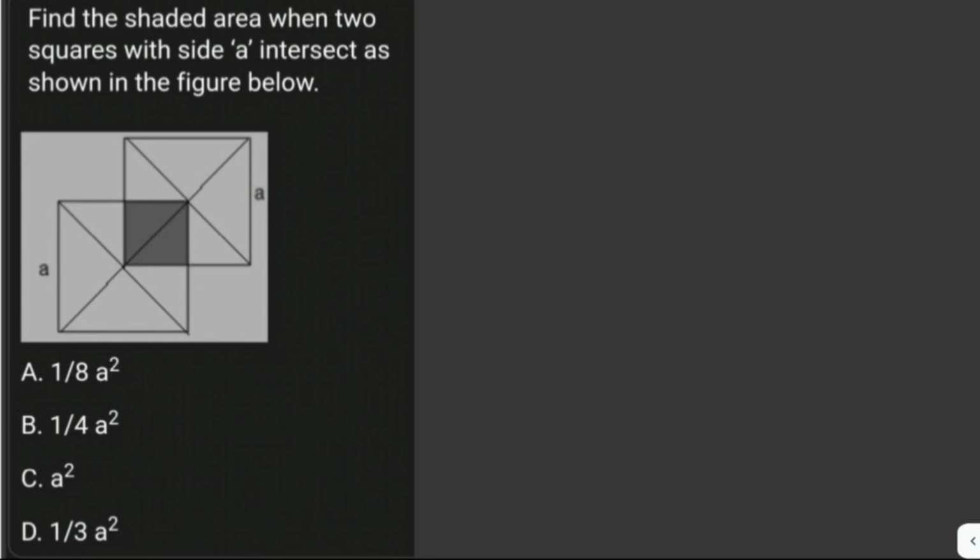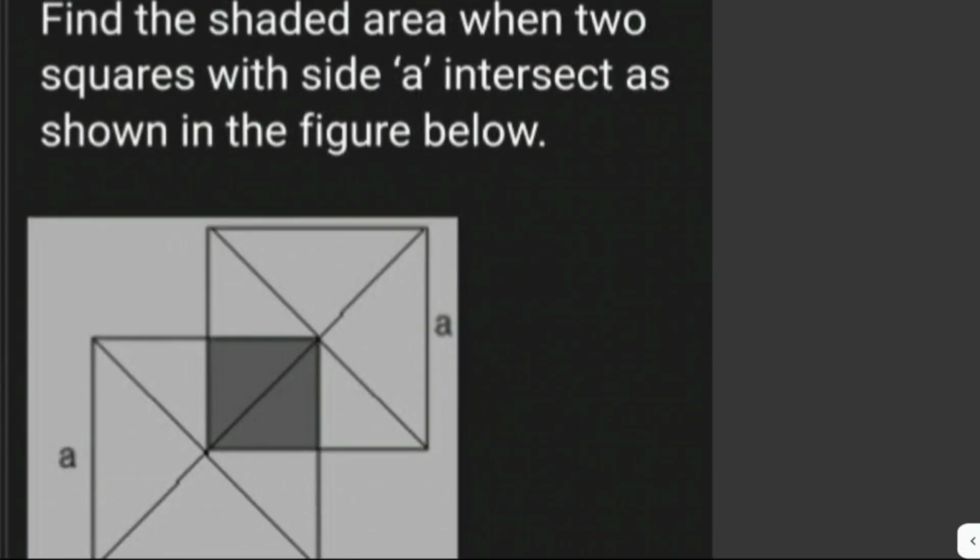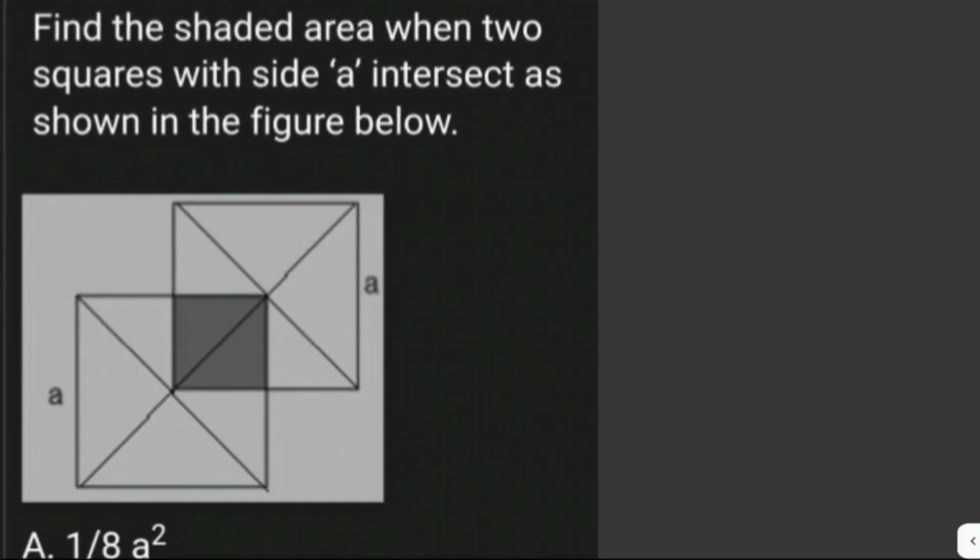Find the shaded area when two squares with side A intersect as shown in the figure below. So we need to solve for this area here.